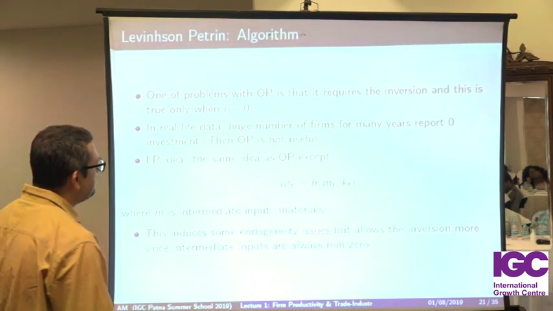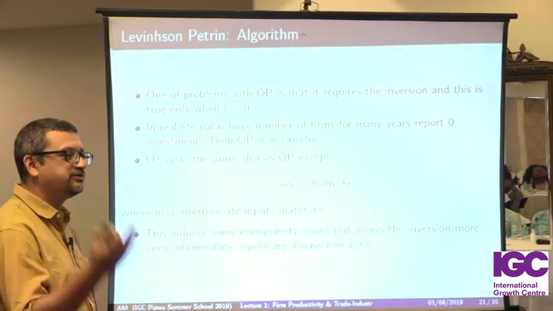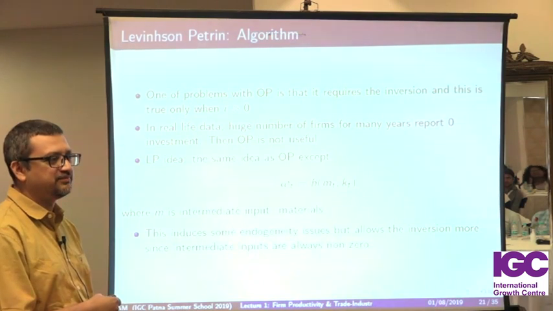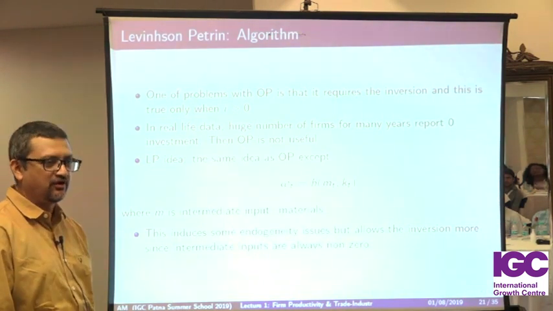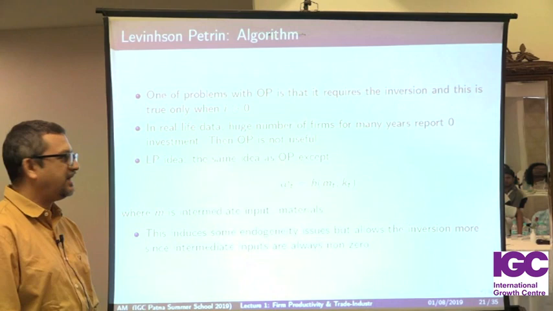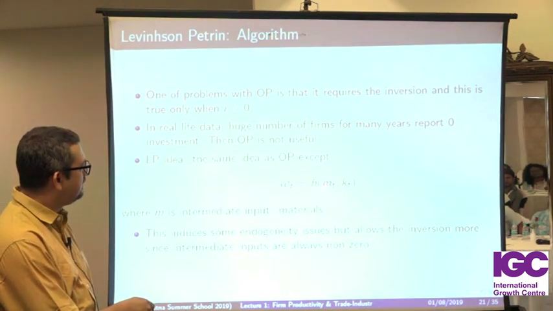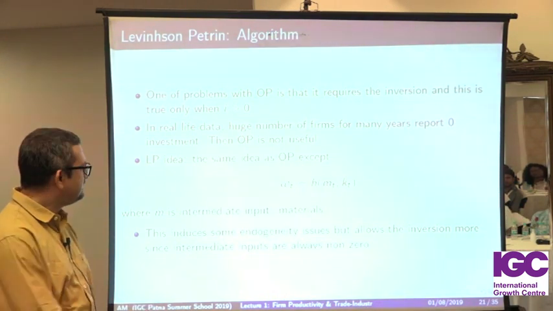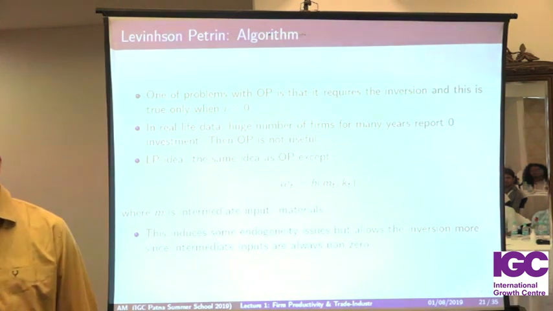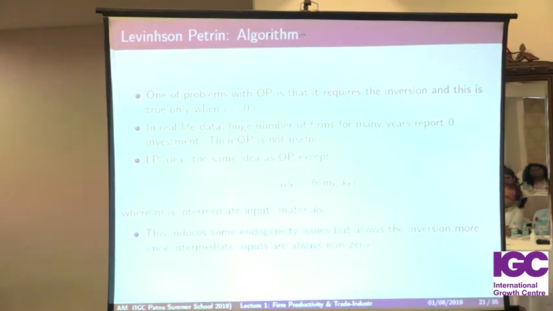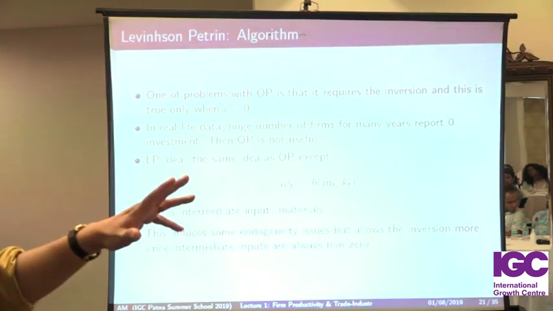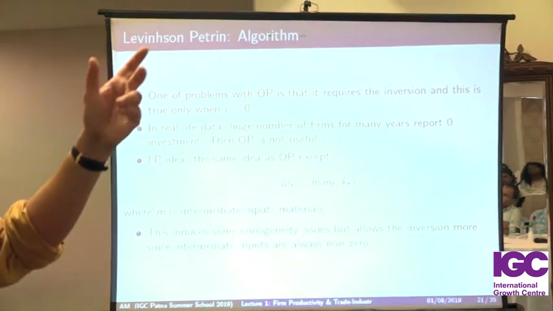Now this induces some endogeneity problems, but you can use the same logic, and this LP, Levinsohn-Petrin paper, basically works out the algorithm with exactly the same idea that omega will now be inverted in terms of m_t and k_t, with some corrections for endogeneity, and it will give you exactly the same thing. Again, Levinsohn-Petrin is a standard package where you can just run it and you will get your answer, okay?